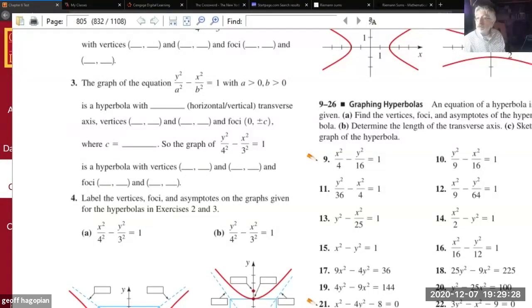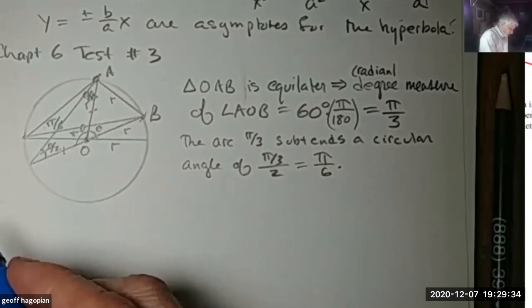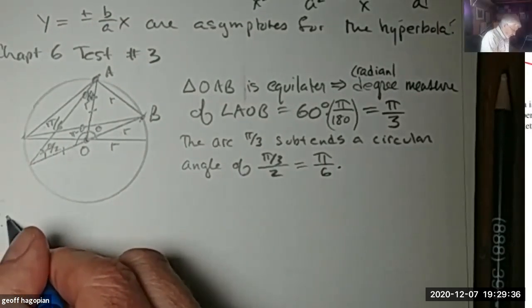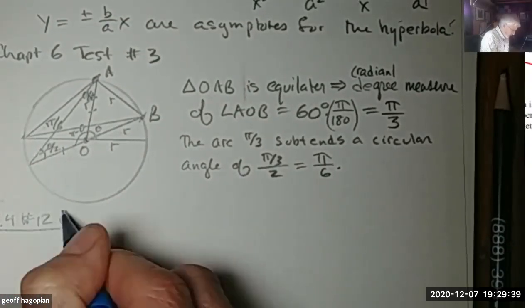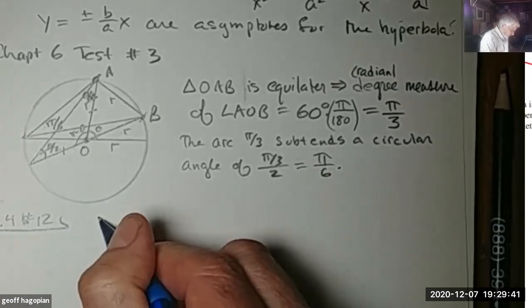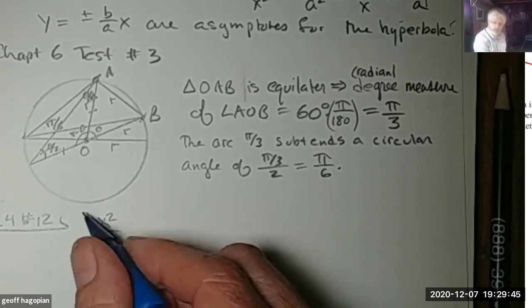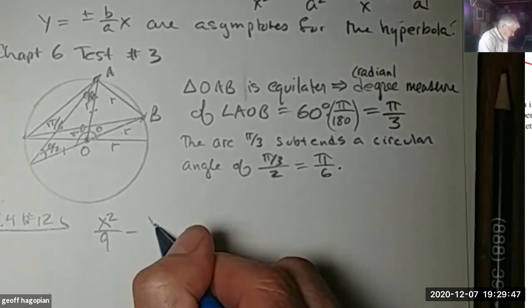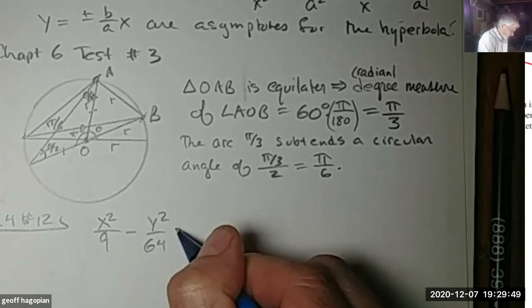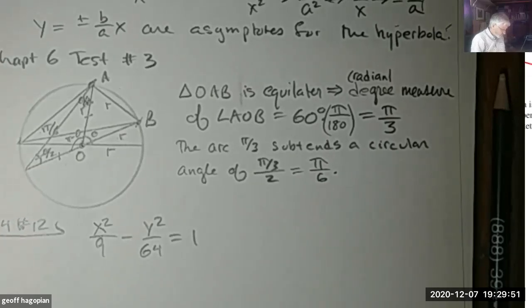Okay, so let's do number 12. This is 5.4, number 12. And we've got the equation x squared over 9 minus y squared over 64 equals 1.